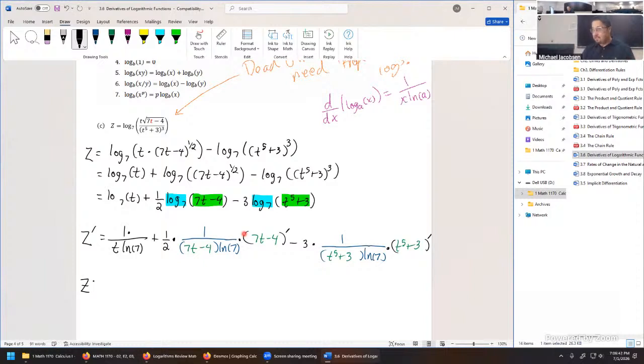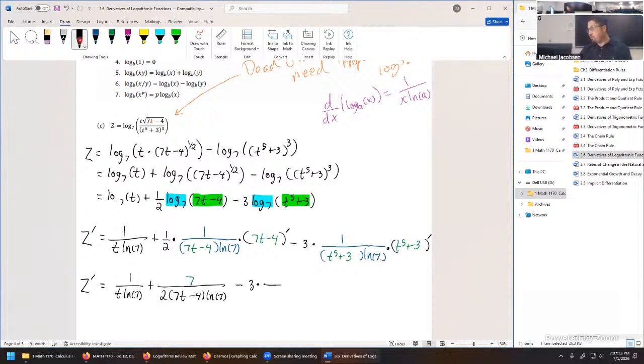So here's the next line, z prime is, well, let me remove that times there. We just get 1 over t natural log 7 on the first term plus, on this one over here, we can rewrite this as 2 times 7t minus 4 times natural log 7. When we differentiate 7t minus 4, all we get is 7 on that one.